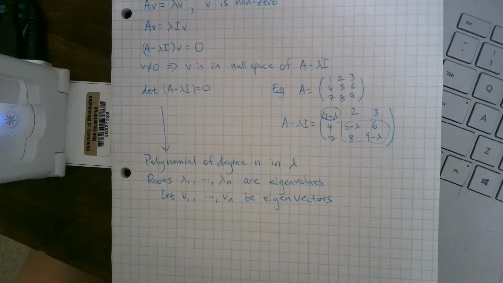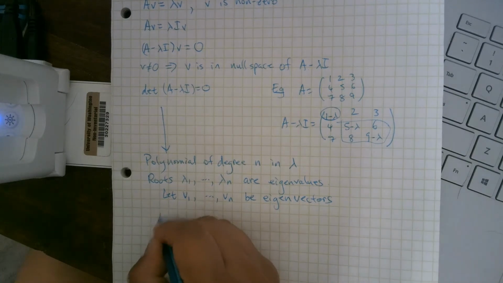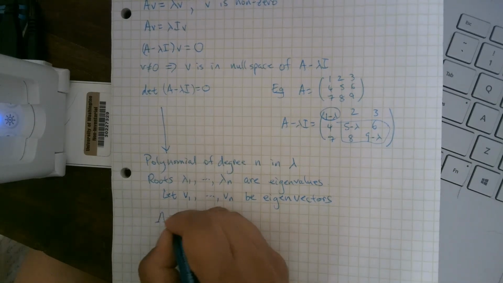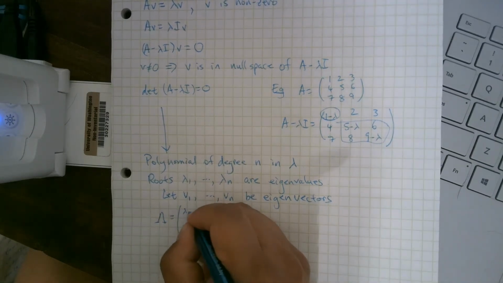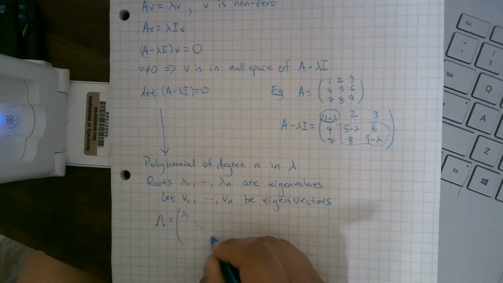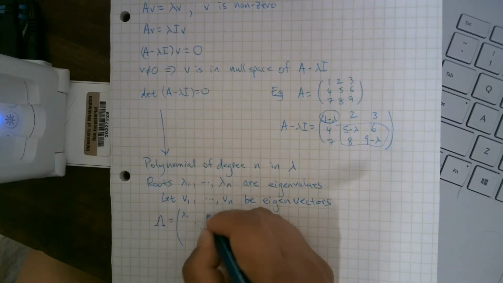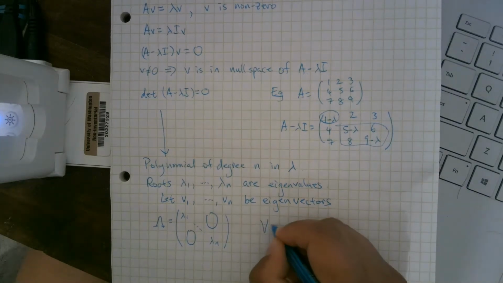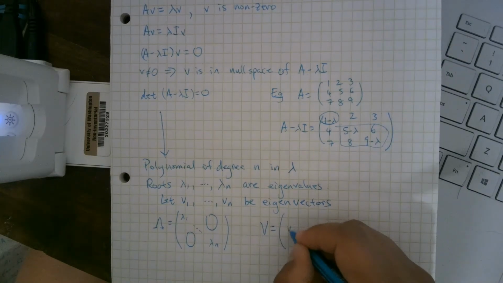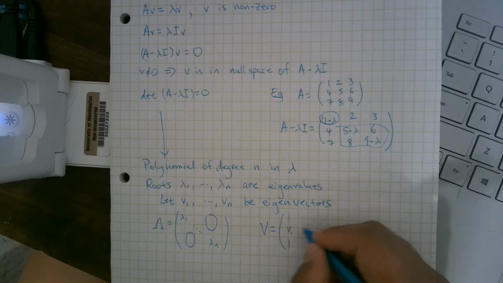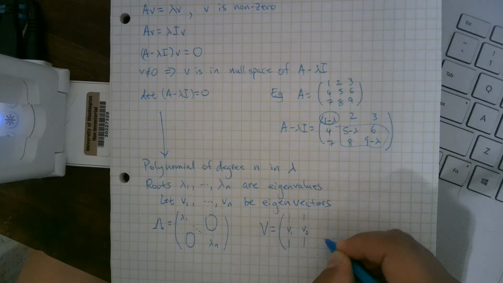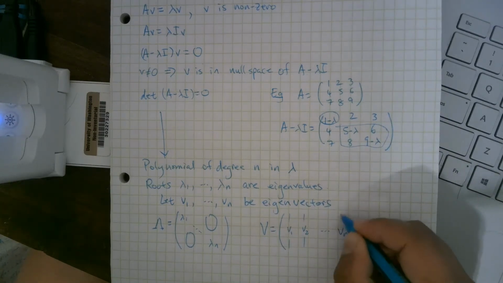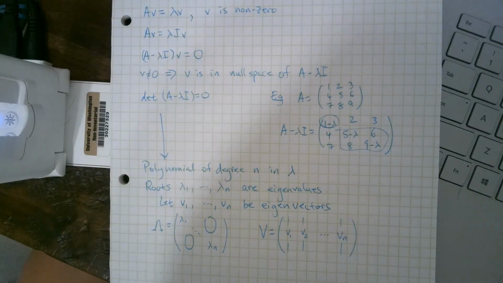And then we can form these things. We can form this matrix capital lambda, and we're just going to put all the little lambdas on the diagonal and then 0's everywhere else. And then we can form this matrix capital V that's going to have these little v's as the columns.